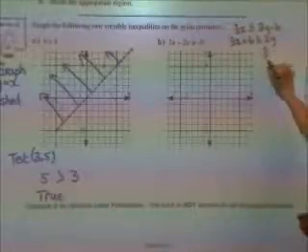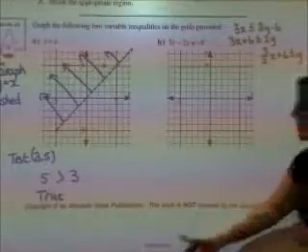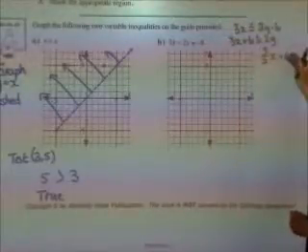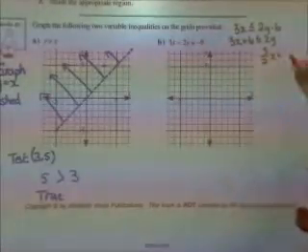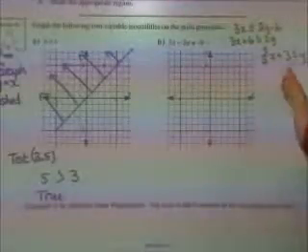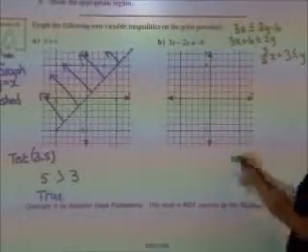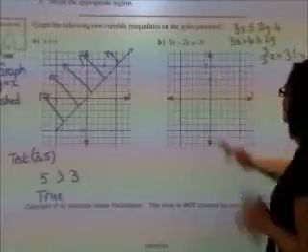And then I would divide by 2. So 3 halves x plus 6, or sorry, not plus 6, plus 3, is less than or equal to y. So this is my slope y-intercept form, so that means I have a y-intercept of 3.